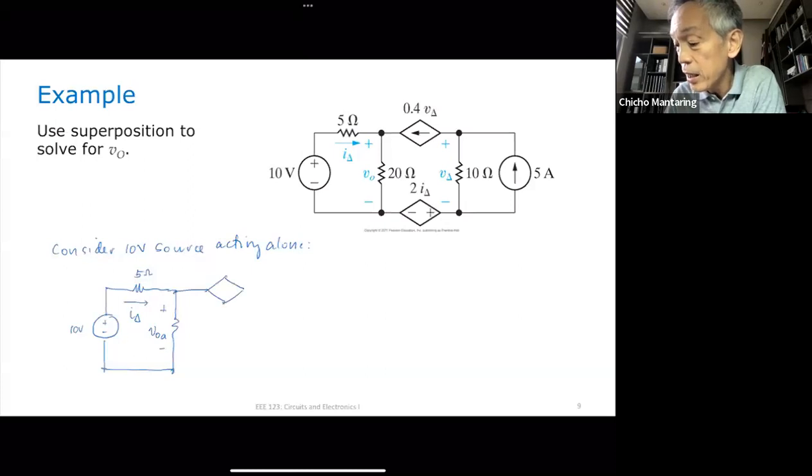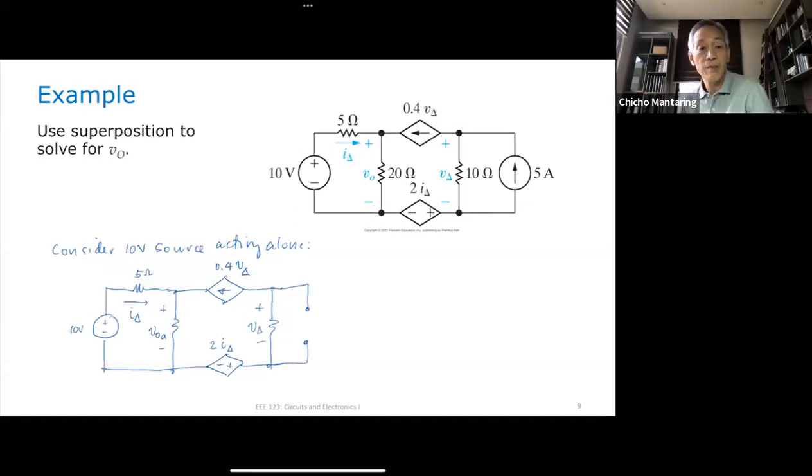And then I have now my current source. This is 0.4 V delta. What is this? This is 2 I delta. And my V delta is here. This is my V delta. And then what happens to my current source? That is an open circuit.